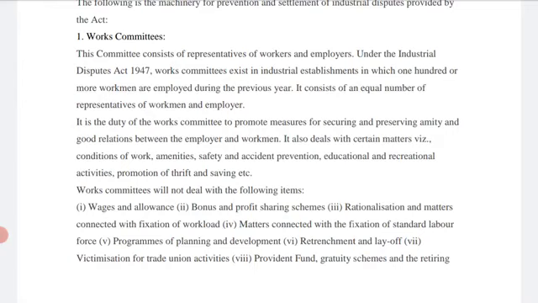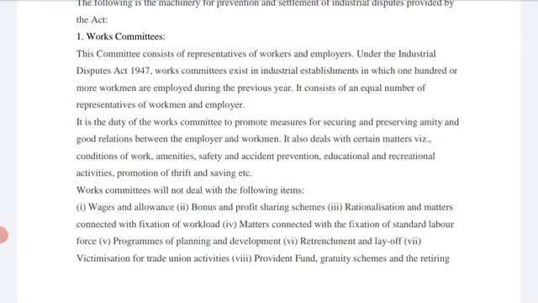Because the employees are seriously in need of all these activities and facilities. Whether the companies are providing this or not, because many times due to these reasons also the employees may go into conflict. So for that the works committee is appointed, which consists of employer as well as employee.